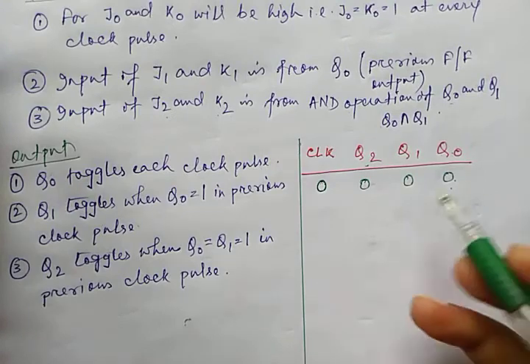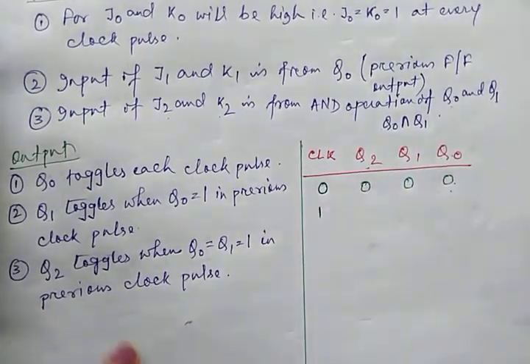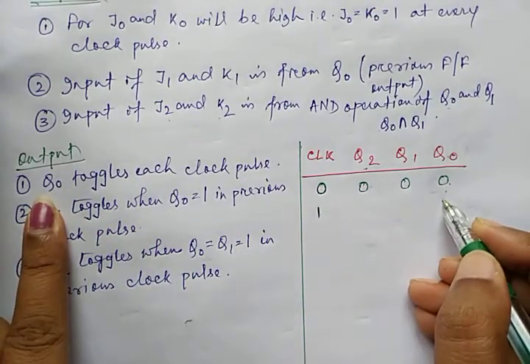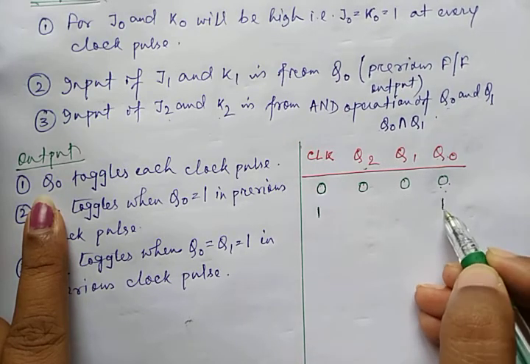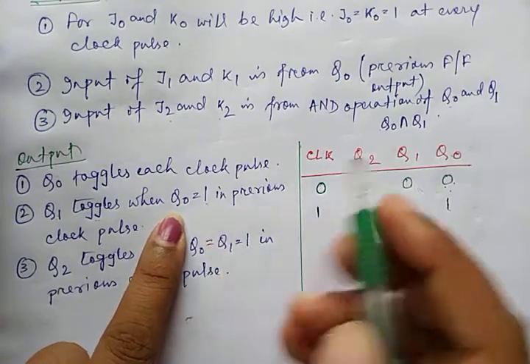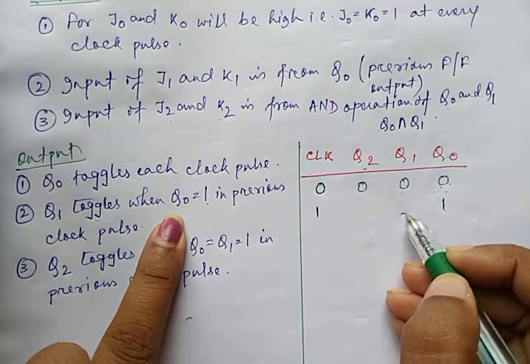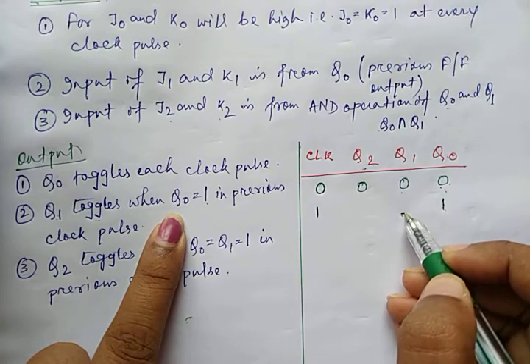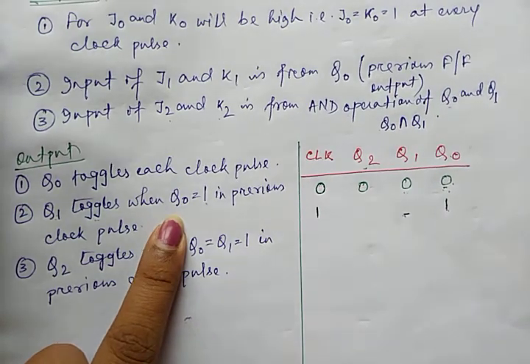Okay. Now for the first clock pulse, when the clock is 1, we know Q0 toggles each clock pulse. So Q0 will be 1. Its previous value is 0, but now it is 1. Q1 toggles when Q0 is 1. So Q1 is 0, and now during the next state, in order to change Q1, we have to check the previous value of Q0.